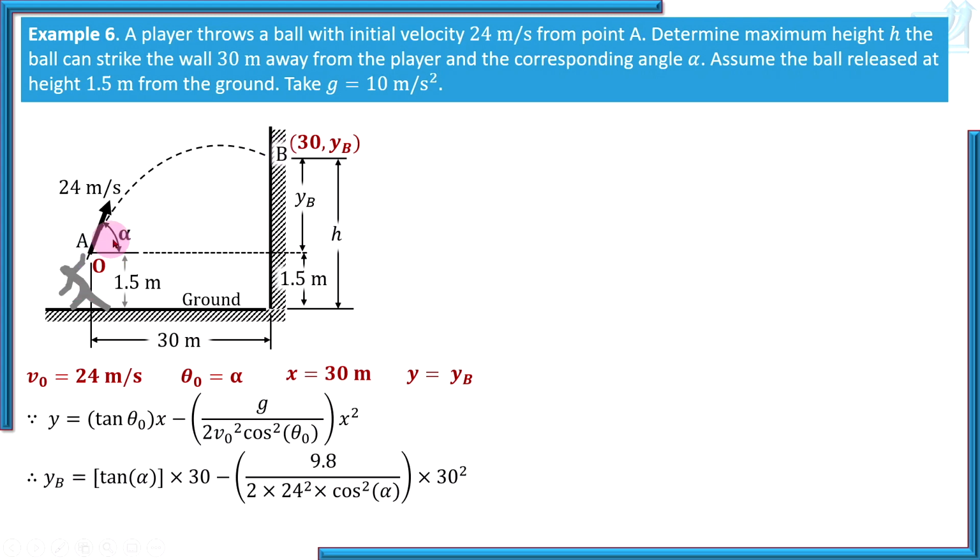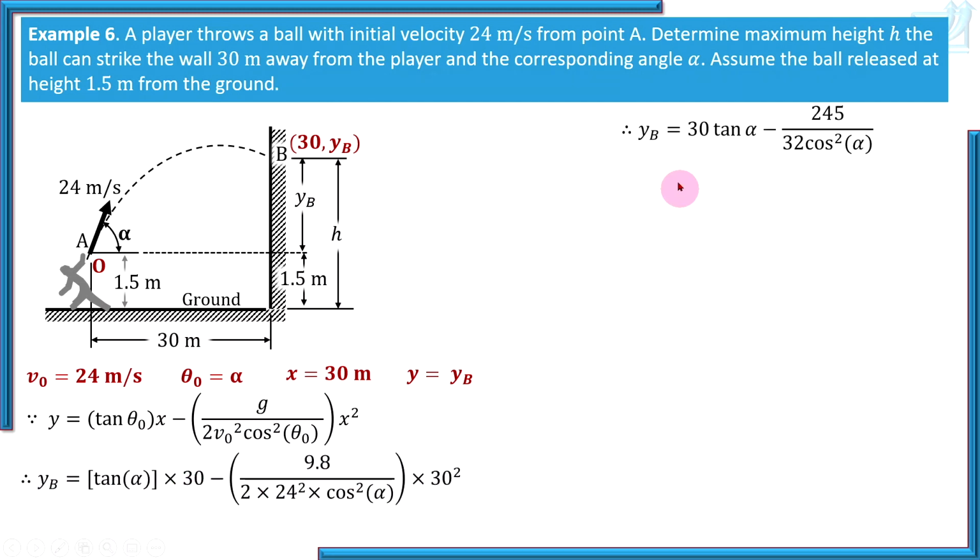At different angles alpha, the point where the ball strikes the wall will be different. But we want the maximum y, and this y coordinate is a function of alpha. If you want y to be maximum, then dy by d alpha equals 0. So we first differentiate this equation with reference to alpha, and then equate it to 0.